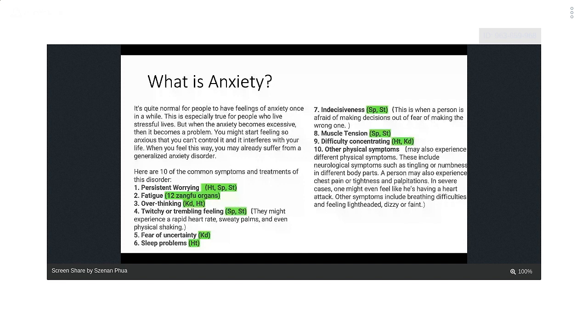Like if you worry about something and then you correct it and you have a solution to deal with it, and it actually makes you successful. So worry is not a big thing. But if you keep worrying, if you don't have a solution for it, and then you start to have a lot of other symptoms and it interferes with your life, then that's a problem.